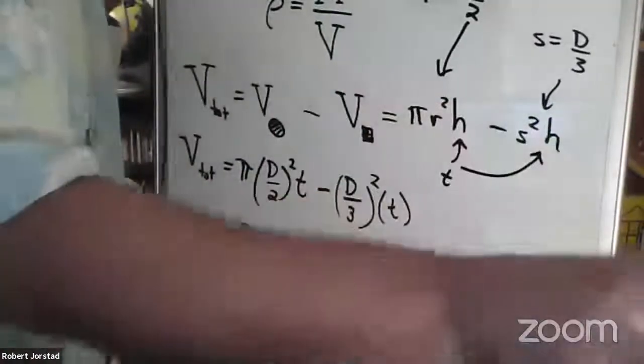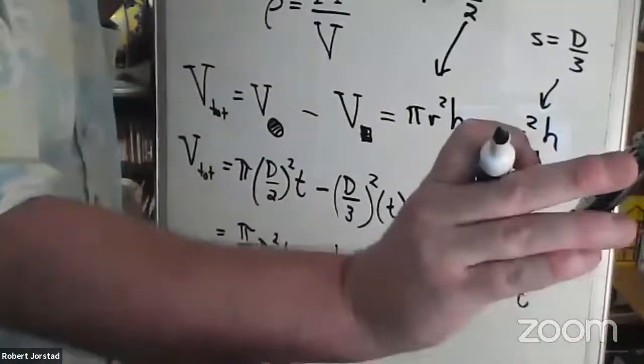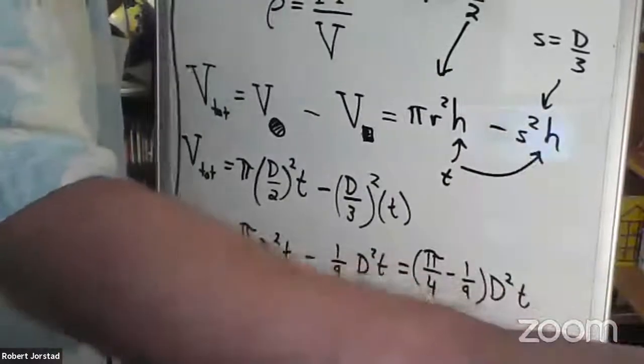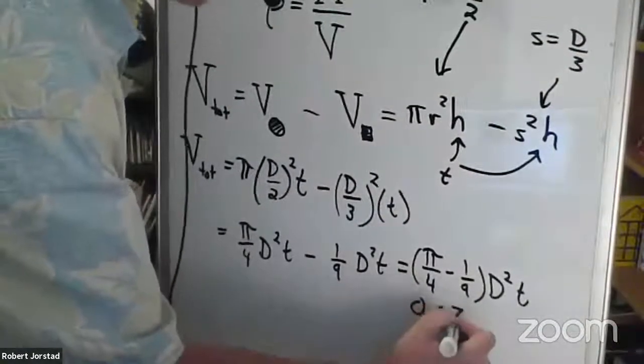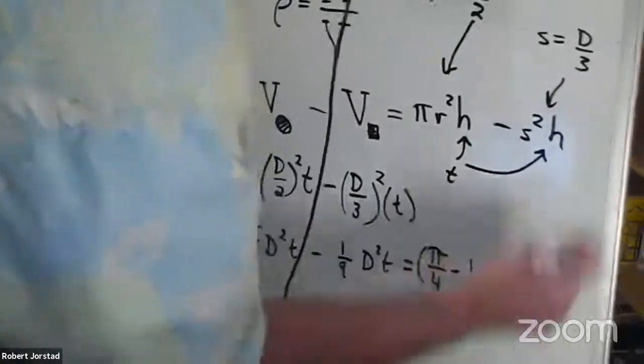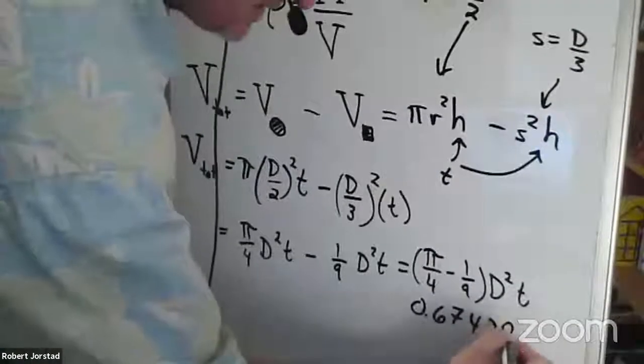Engineers normally use 3 sig figs. So how many do you think I'm going to write? If we want 3 sig figs, how many am I going to write? 4, because you still have to do calculations. Exactly. So I'll just stick a couple.